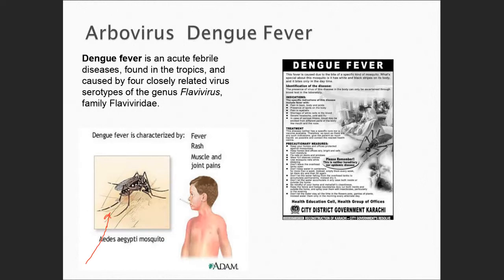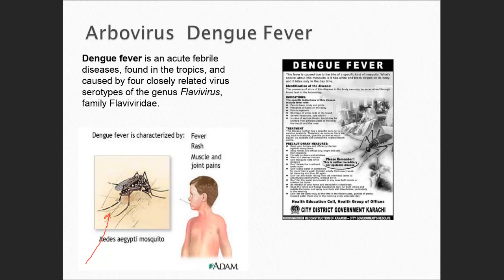And so it takes a blood meal, and when it does that, then it injects the virus into you, and over a period of days to weeks, the virus gets into your cells, nerve cells, and begins to propagate, undergoes the lytic cycle, and then you can develop fever, rash.